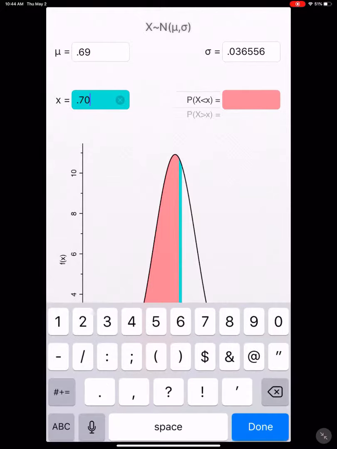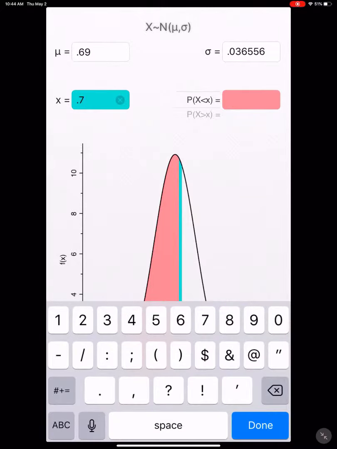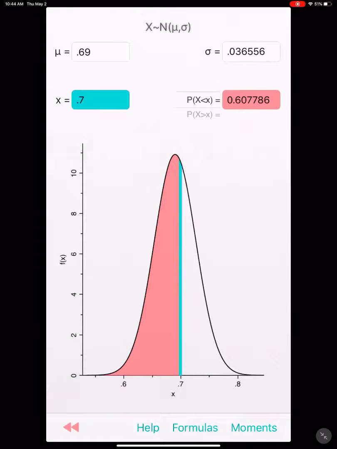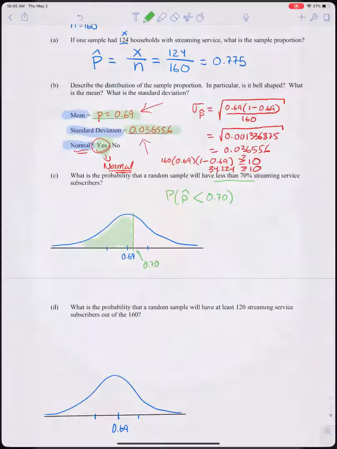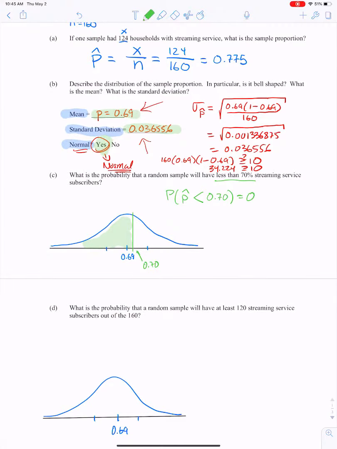So I go back to my note, and I will just write in 0.607786. And that is the probability that it's on the left. That's the area that's on the left side over there.